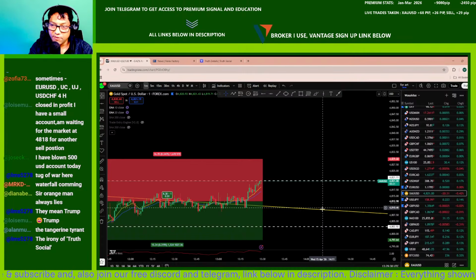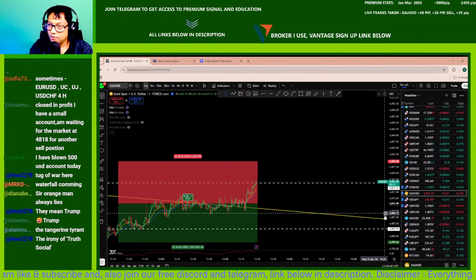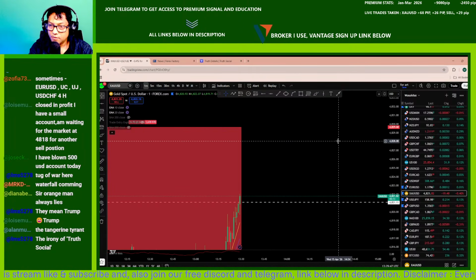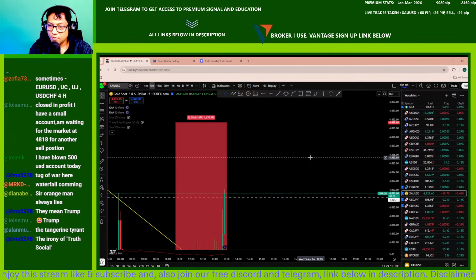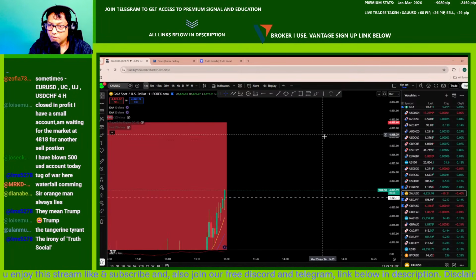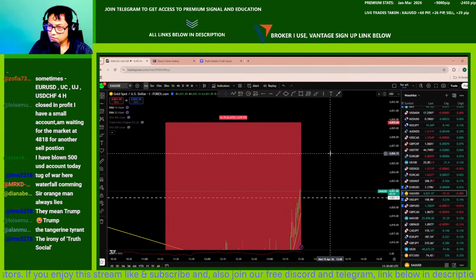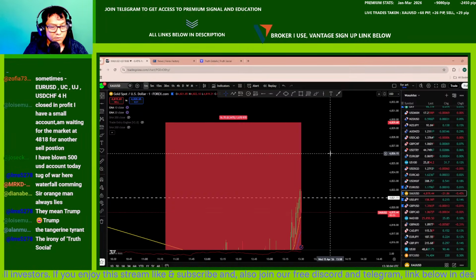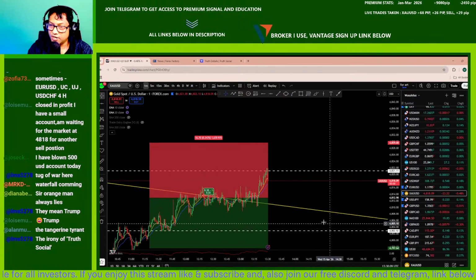We'll be taking either break even or profit in that zone. We're getting rejection here of that level, looking to see the market break below.